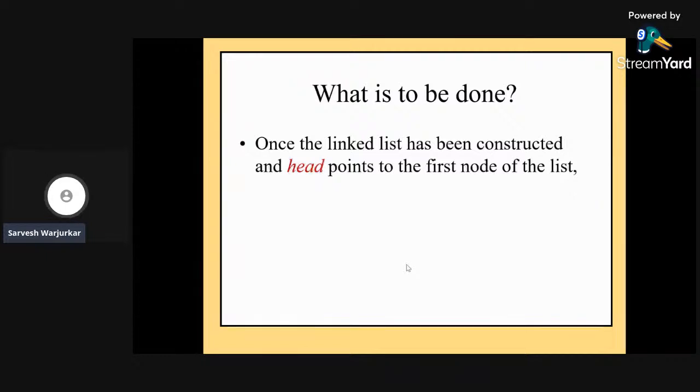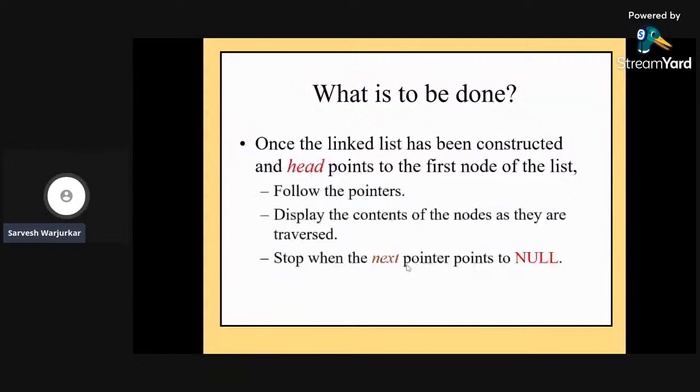As the nodes are traversed, the next pointer finally points to none. That means the end of the linked list. These three are the main rules while traversing a linked list.